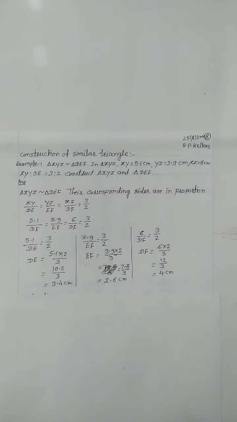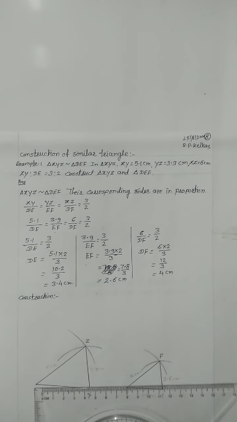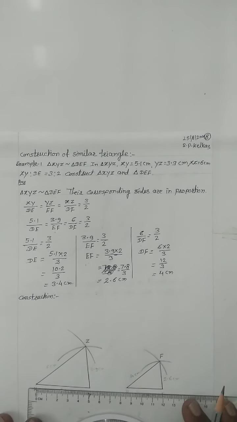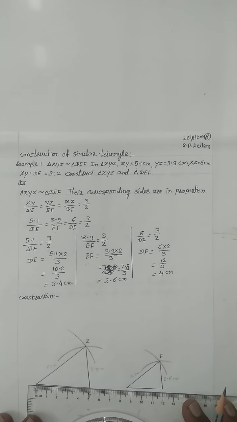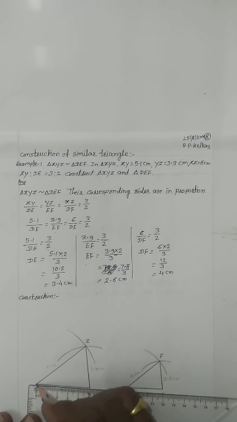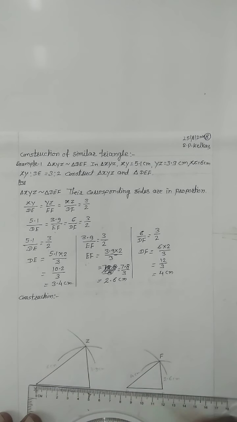Now construct the triangle. First we construct triangle XYZ. Take one side, that is XY 5.1 centimeter using the scale. In this way we draw the XY 5.1 centimeter.